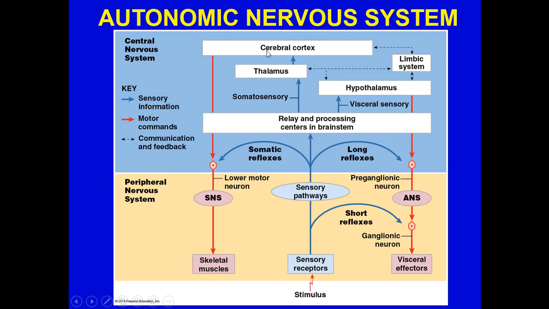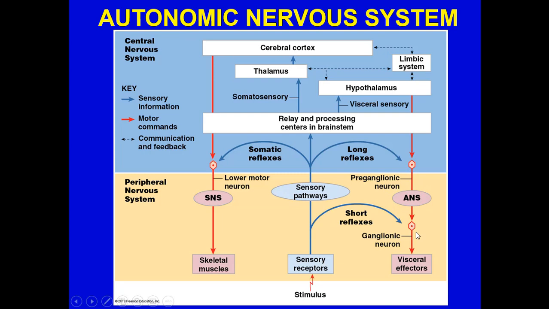There's going to be some considerable chatter between the cerebral cortex and the limbic system. Notice that the arrows are both back and forth, back and forth. You're going to have communication between limbic system, thalamus, and hypothalamus. And eventually, you're going to have your visceral motor responses. Some of them may be long reflexes, and they're going to go through the autonomic nervous system.